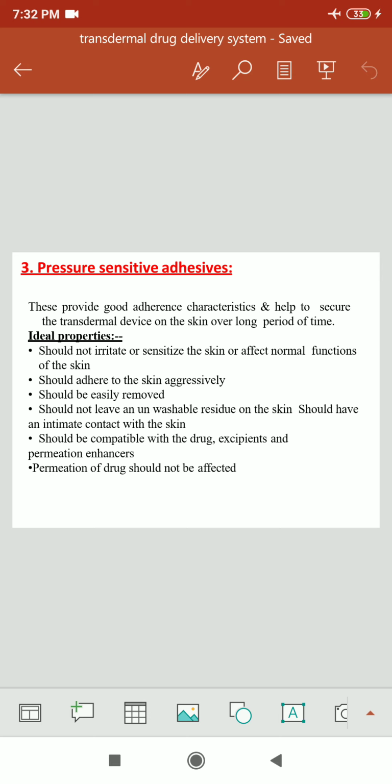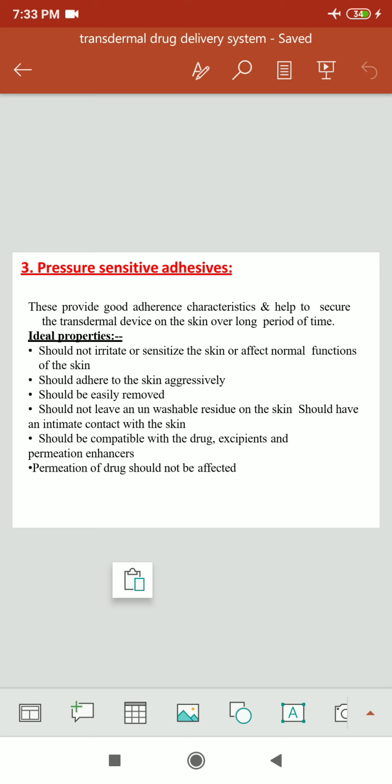Ideal properties of this adhesive material: non-irritant, does not affect the normal function of skin, adheres to skin aggressively so that it cannot be removed by itself, but is easily removed.